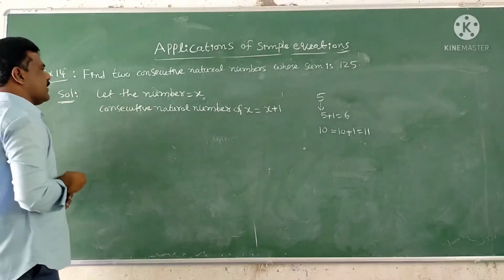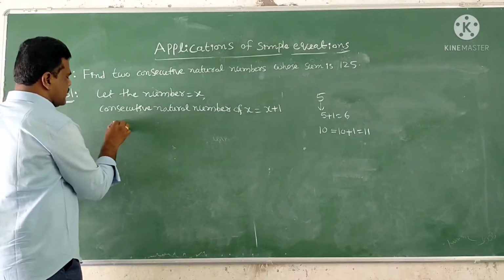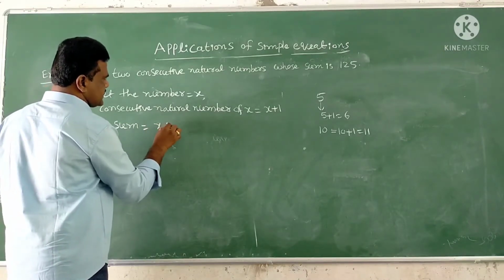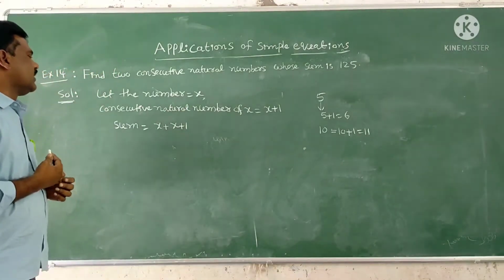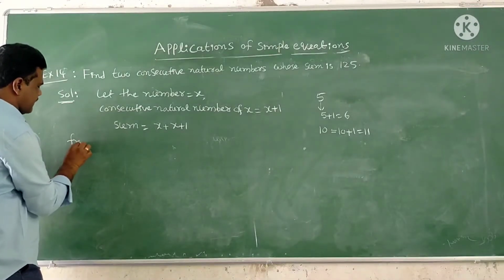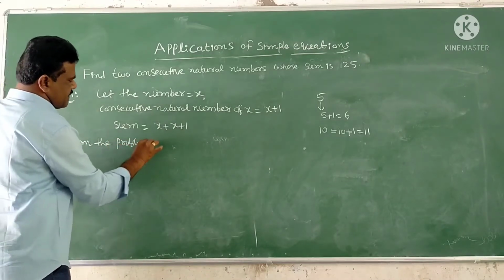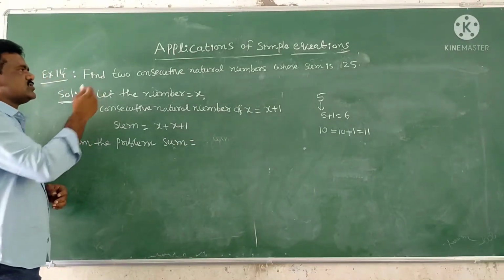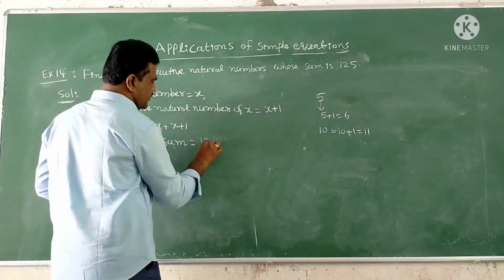So, the sum of the consecutive numbers is 125. Sum is equal to x plus x plus 1. From the problem, the sum of two consecutive natural numbers is equal to 125.